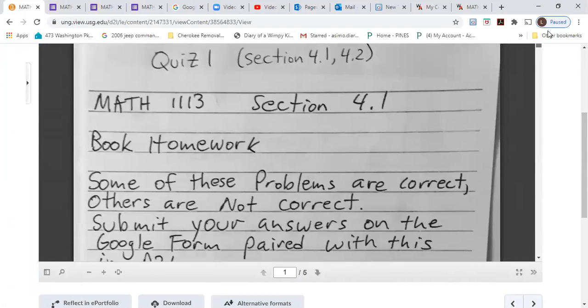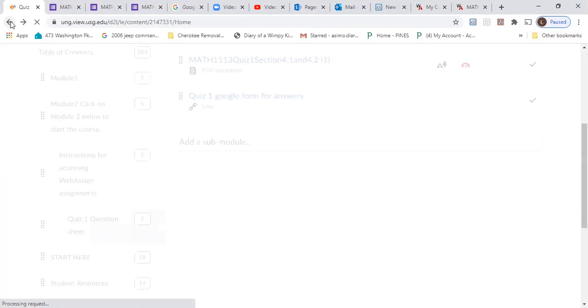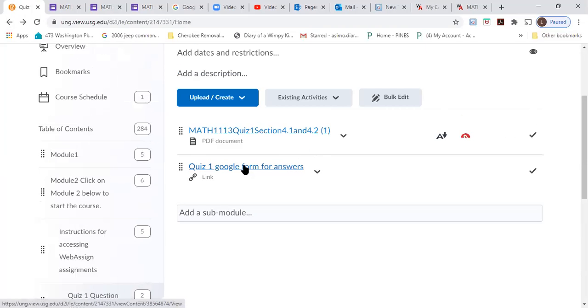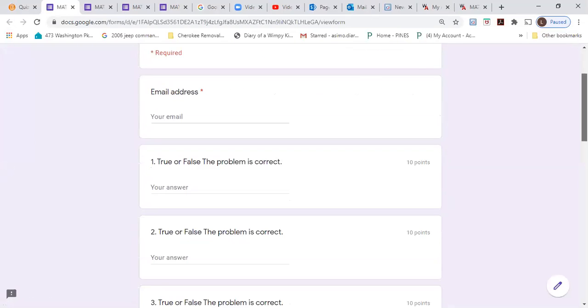Again, you don't write your answers here. Go back, there's a Google form for the answers. You'll enter your email address, and if you decide I did problem 1 correctly, you literally type the word True, capitalized.